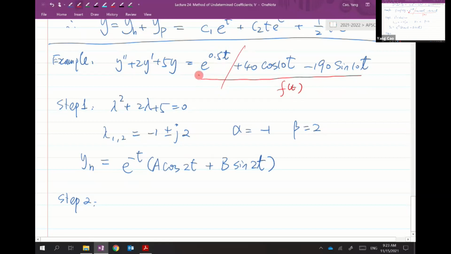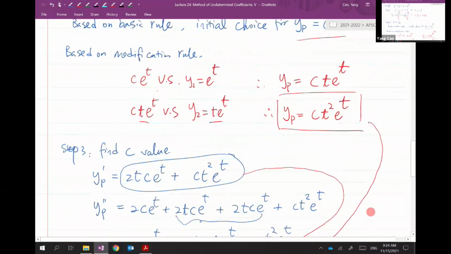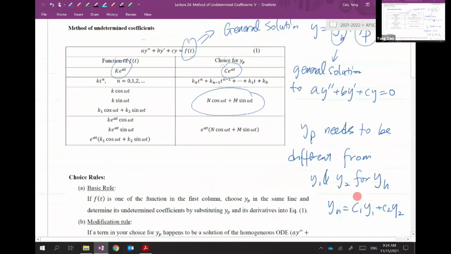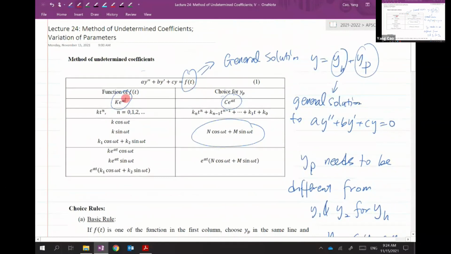One is an exponential function, and then plus a combination of sine and cosine, right? So if I look at my table here, f of t basically is an addition of this type of function and this type of function. So if I need to make a lucky guess, then it will be a choice of this plus a choice of that.